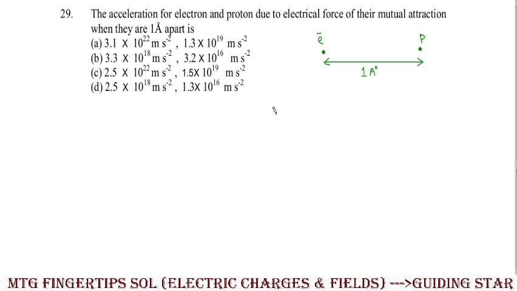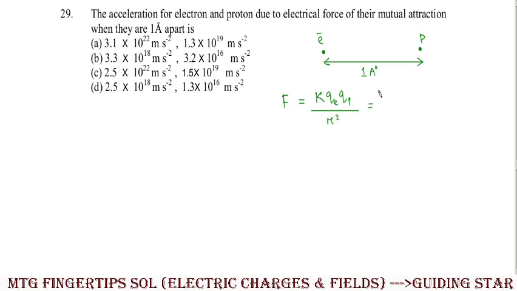So in this particular case, first of all, we need to find the force between the given electron and proton. That force will be the electrostatic force. We could also calculate the gravitational force by taking the mass, but as we are going through the chapter of charges and fields, we will take the help of Coulombic force. So F will be K times charge of electron times charge of proton divided by distance of separation square.